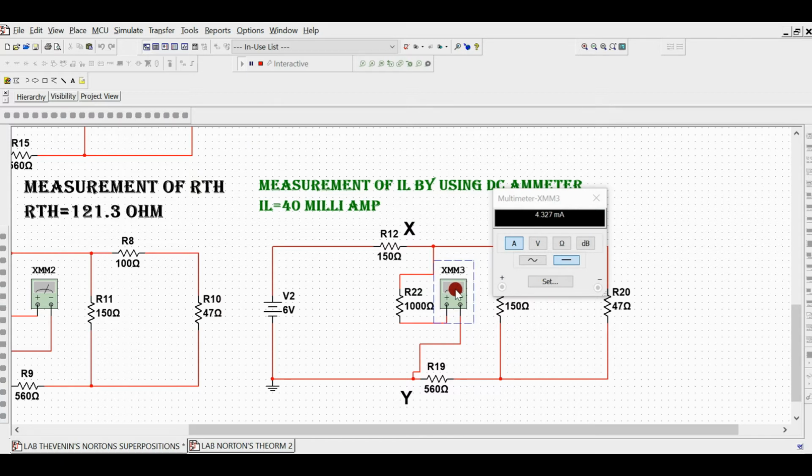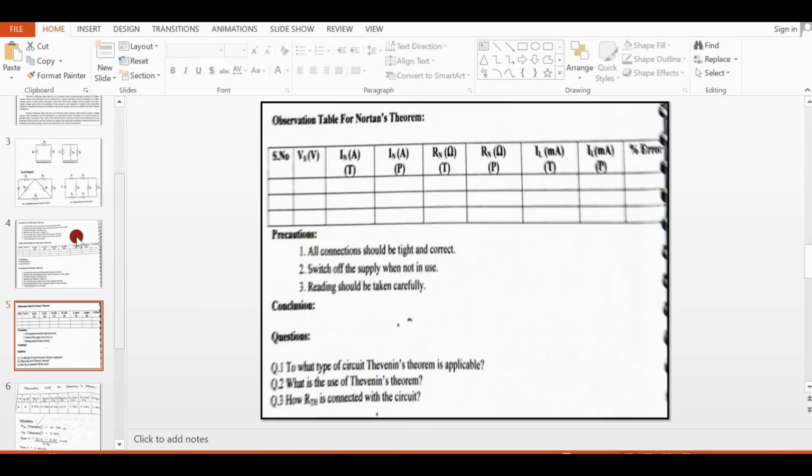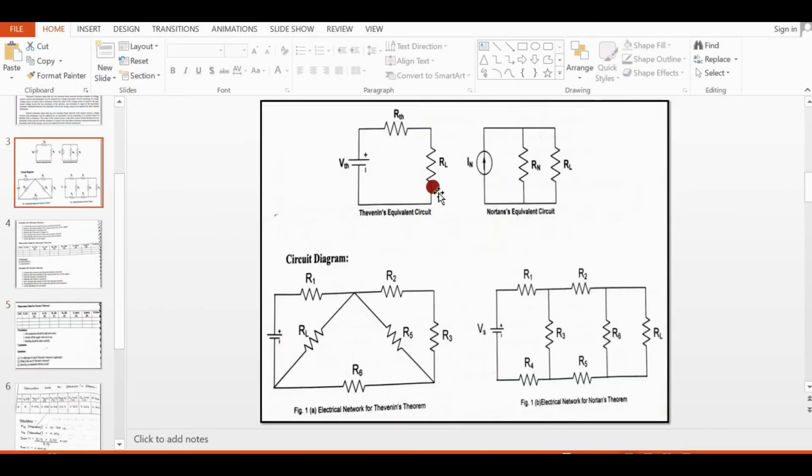Now what do you have to do guys? So by calculation, what you will do? You just draw an equivalent diagram, like in the circuit it is drawn over here. This is the equivalent diagram. There is VTH, RTH, and then RL, the load resistance, is connected. So this is called Thevenin's equivalent diagram.